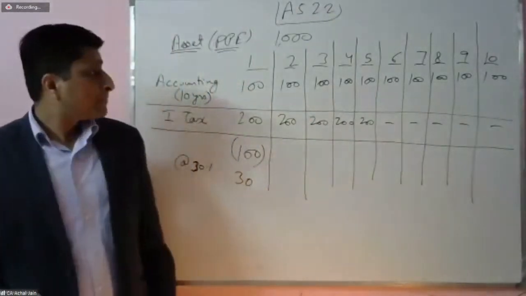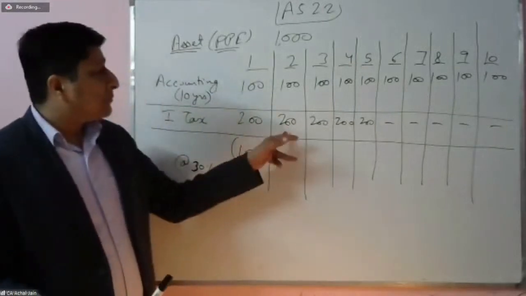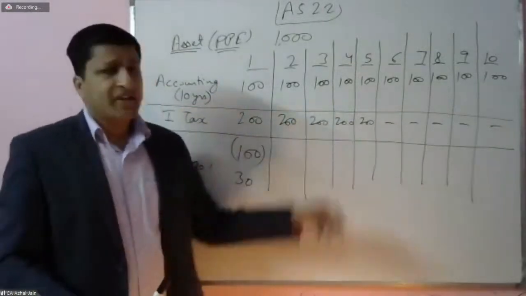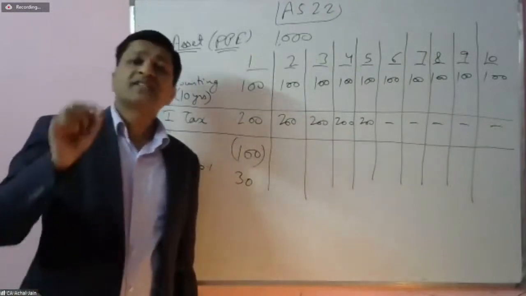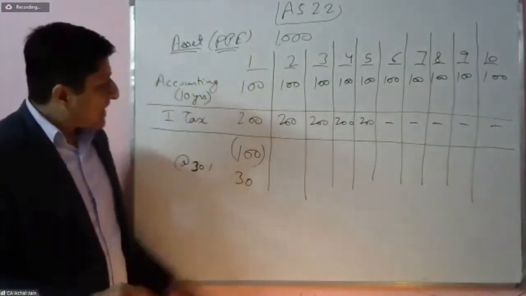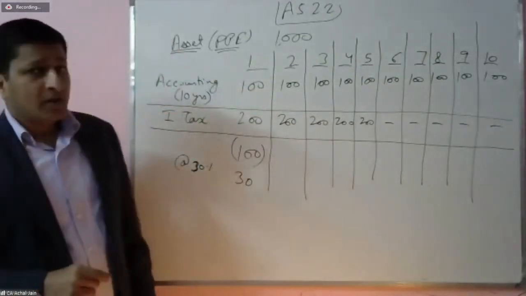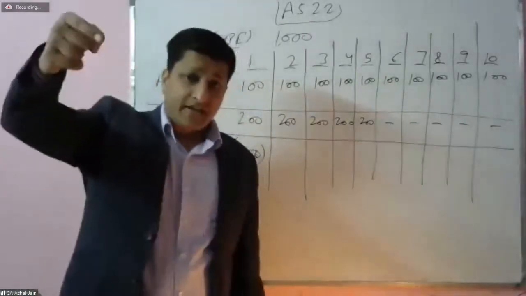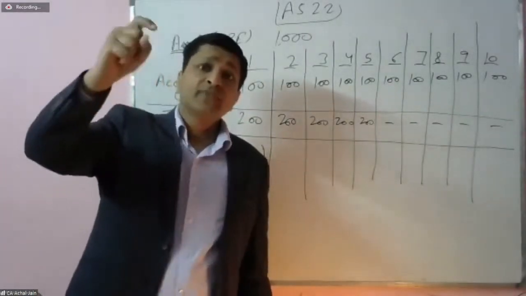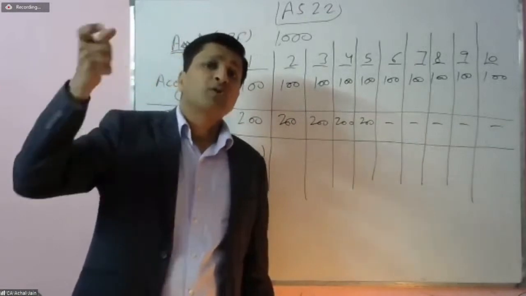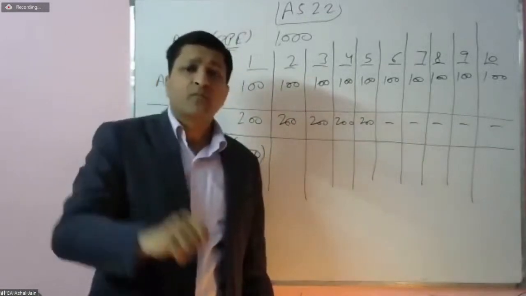If you look at year number 2, 3, 4, 5, you can see the same thing is happening. Every year, I would have paid a higher tax if the income tax depreciation was not different from depreciation as per books.